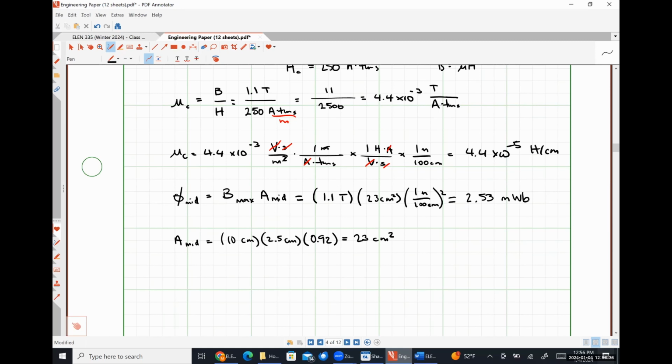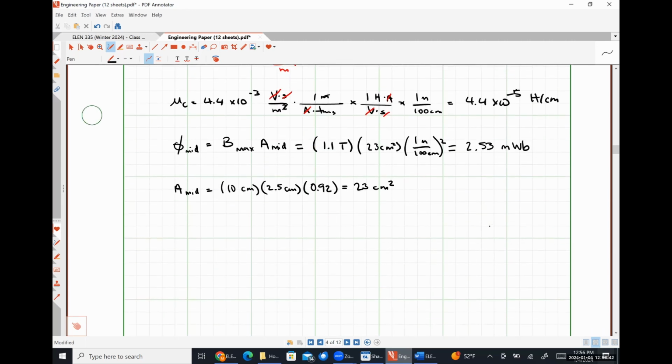Now we're getting into our magnetic circuit relationship type thing. Just to remind myself at this point, I know that Ni is equal to flux times reluctance.